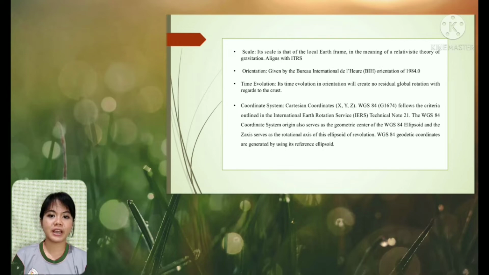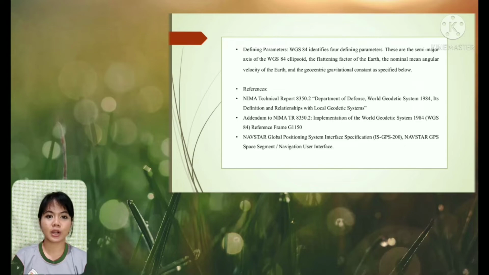The WGS-84 coordinate system origin also serves as the geometric center of the WGS-84 ellipsoid, and this z-axis serves as the rotational axis of this ellipsoid of revolution. WGS-84 geodetic coordinates are generated by using its reference ellipsoid, so its defining parameters.